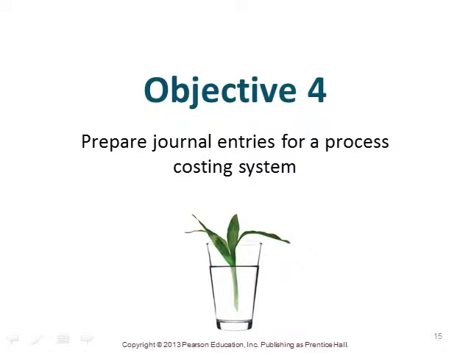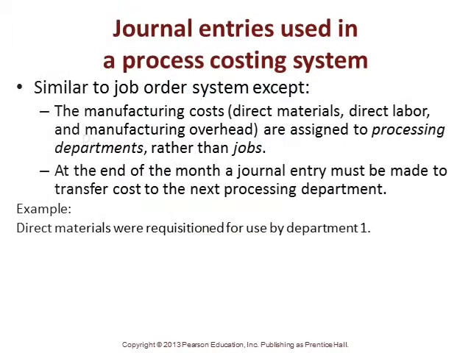So now let's walk through some journal entries that are used to record the process costing activities. And you remember we did this in job costing earlier. If we look at the first journal entry, the journal entries in general are similar to the job order cost system, except that the manufacturing costs, that is direct material, direct labor, and manufacturing overhead, as we said earlier, are assigned to processing departments rather than individual jobs.